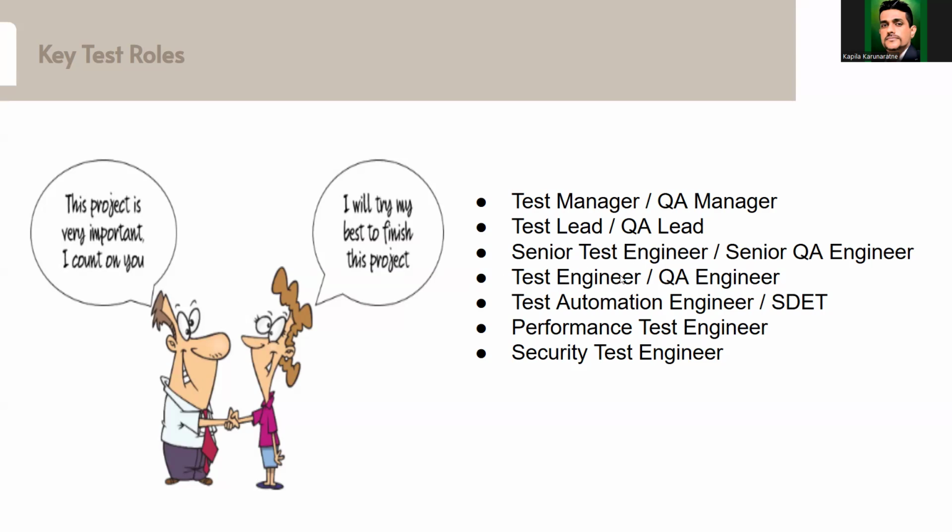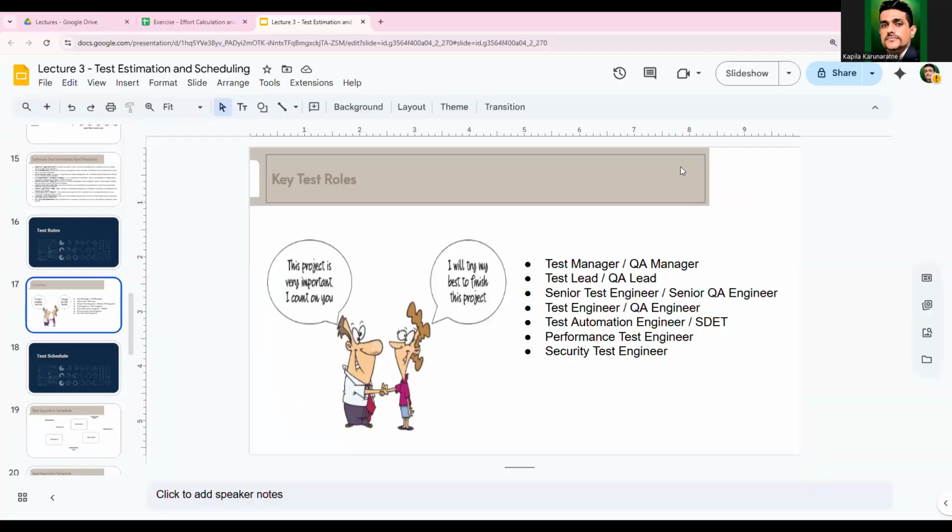So you have to figure out the correct roles, and based on the roles, divide the effort. By doing that, you can identify how many people you need for a specific role to test this application. So that is how it works. Let me show that.